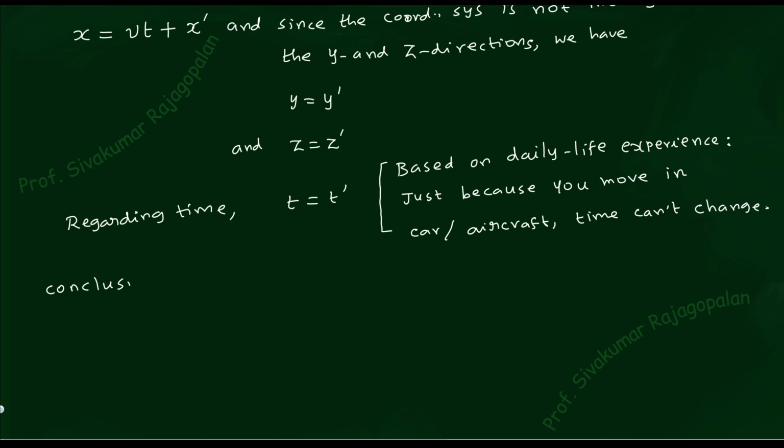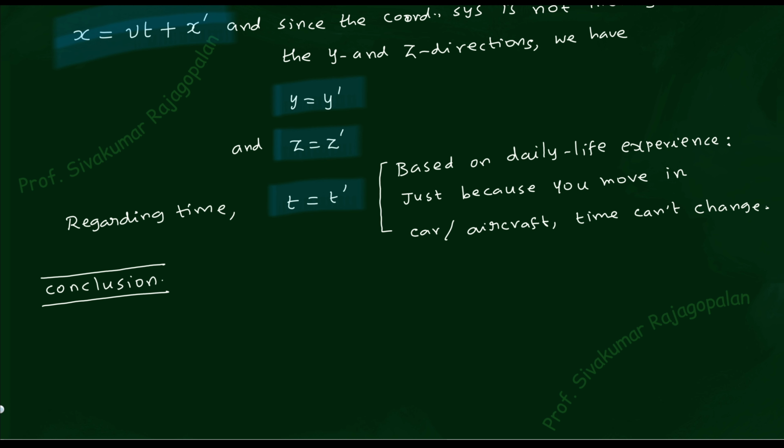So what is the conclusion about the Galilean transformation? It is the simplest one. You got the relations quickly, and remember that this is only for motion along the x-axis. If you have all three directions, then you will have to write the appropriate expressions for y and z.